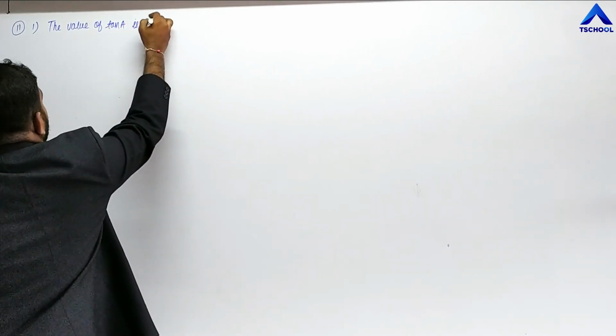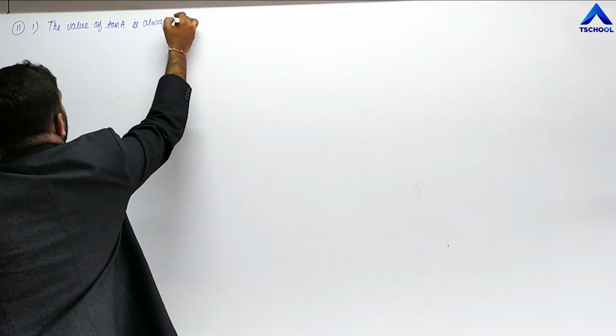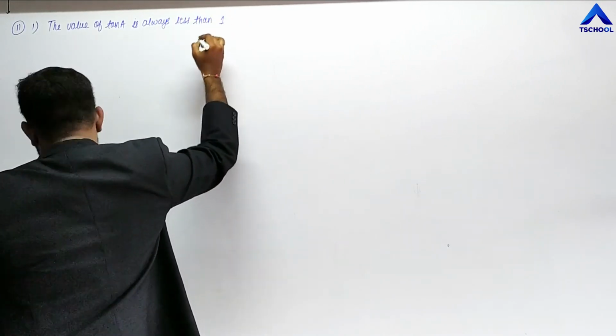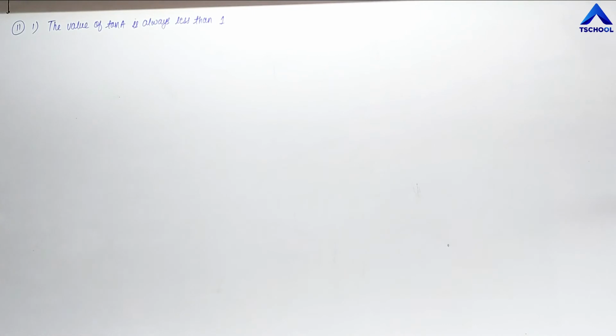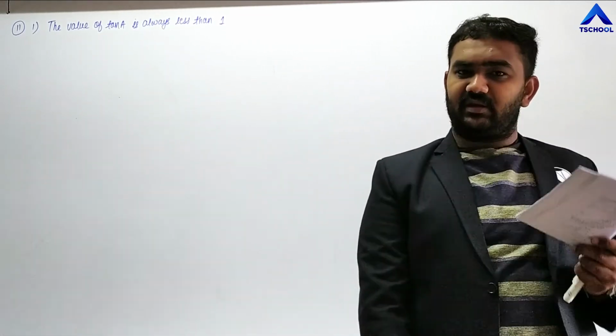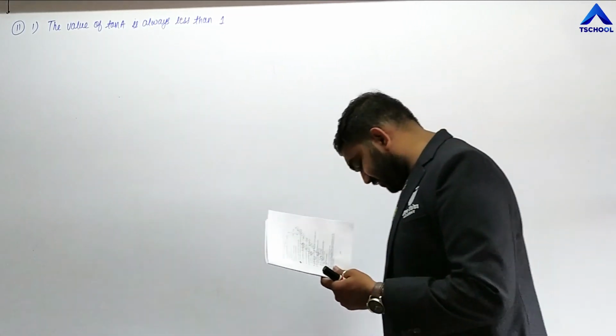is always less than 1. So the answer to this first question is actually coming in the second part, the trigonometric ratios for specific angles.